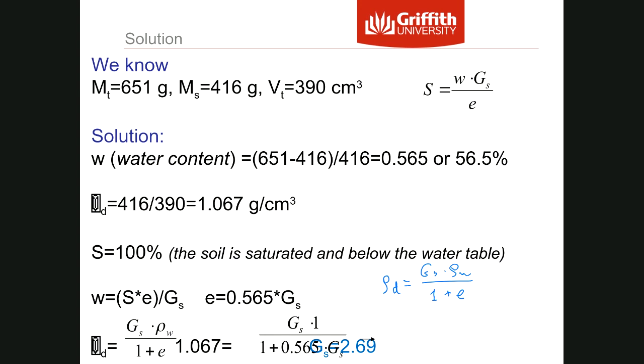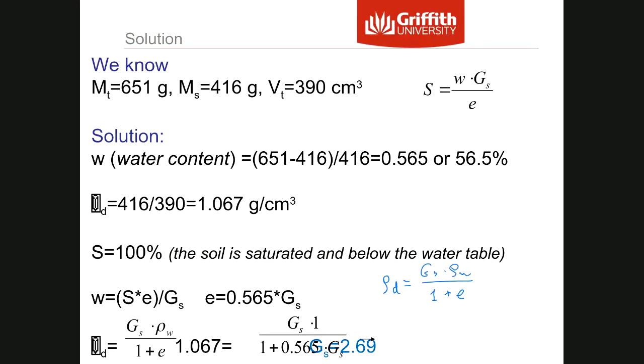Let me check the formula. Yeah, that's correct. I just looked at the formula sheet, and that's the correct formula.